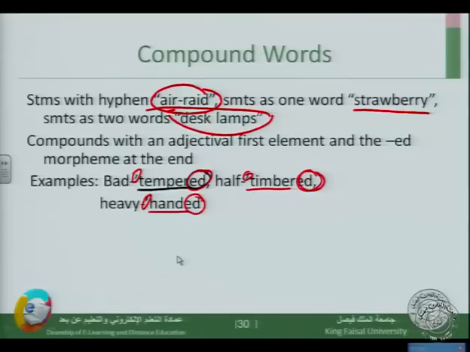Okay, bad-tempered. Although we have adjectivals here, the stress should be put on the second part.